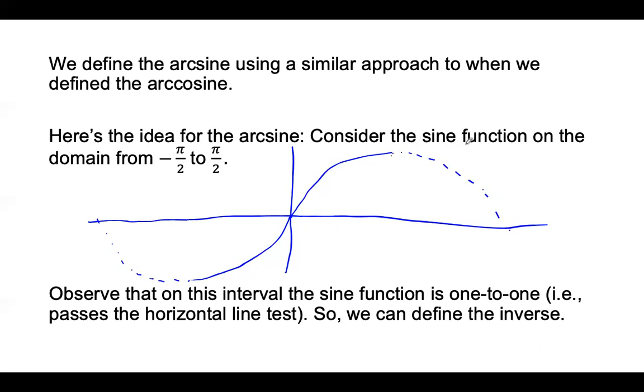We're going to consider the sine function on the domain from negative pi divided by 2 to pi divided by 2. This is our 0, like we've drawn before.